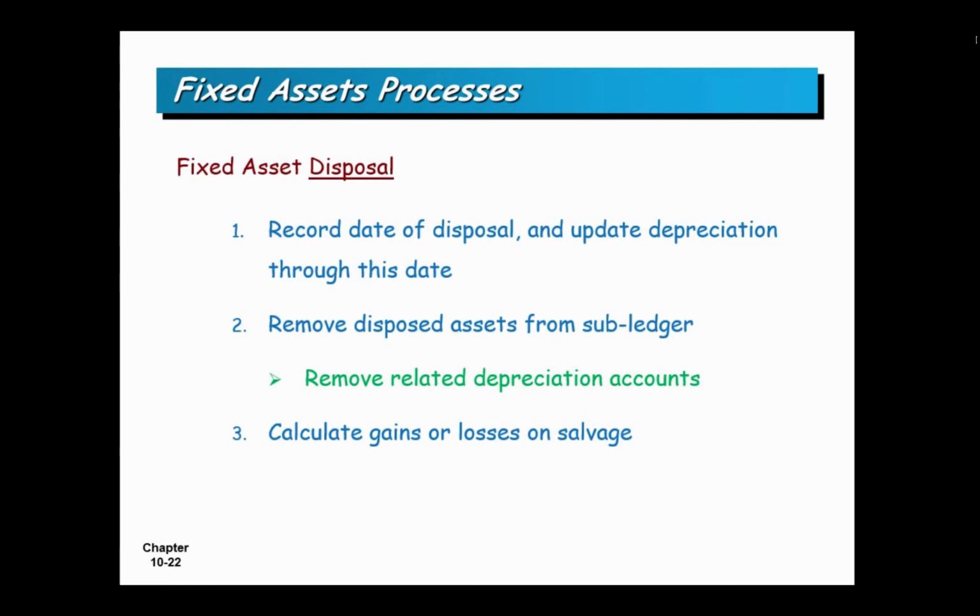When you dispose of it, you have the date of disposal, and you depreciate right up to that date, the date that it was disposed of. At that point, you may have fully depreciated it. More likely, you haven't.